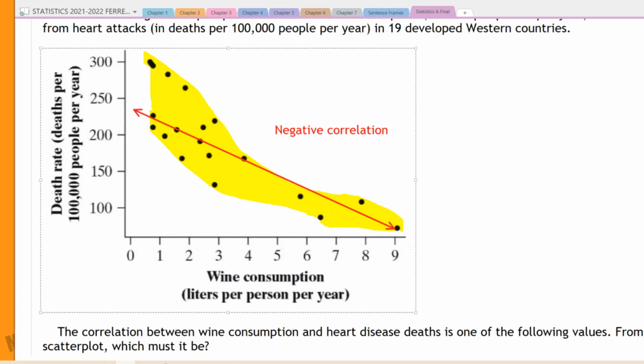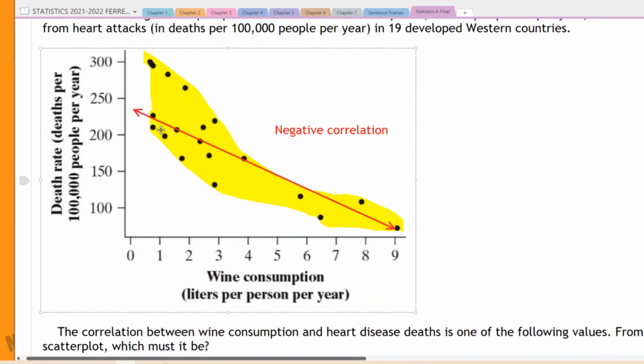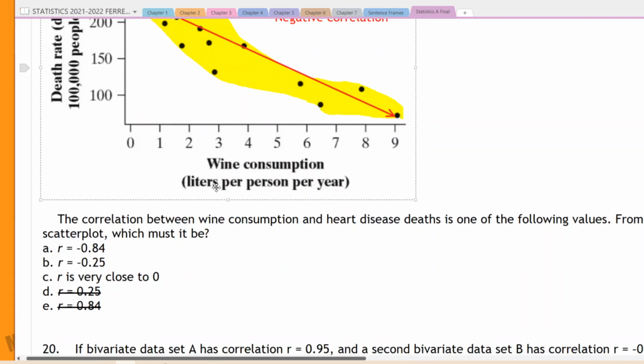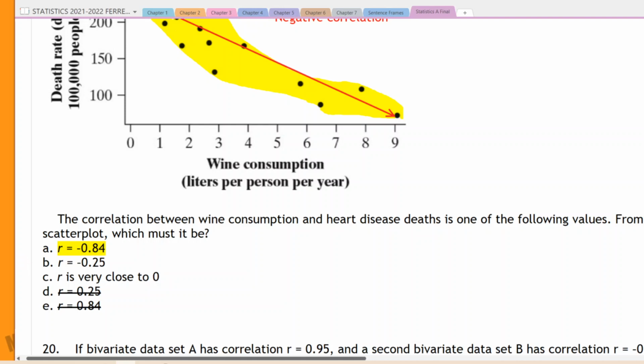It's as close to as many of these points as possible while still staying inside of that yellow band. Since that yellow band is very narrow, your best answer would be something with a correlation close to -1. So this -0.84, that's clearly the correct answer in this case.